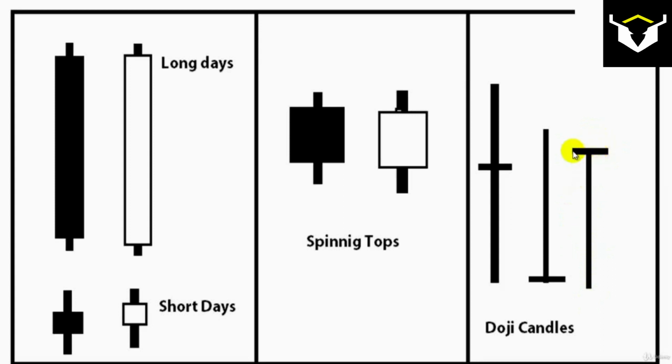Unchanged body usually means it has unchanged open to close prices, which means the market opened at this price, traded as low as here, recovered everything and closed unchanged. So a dragonfly doji candle is usually a bullish sign.